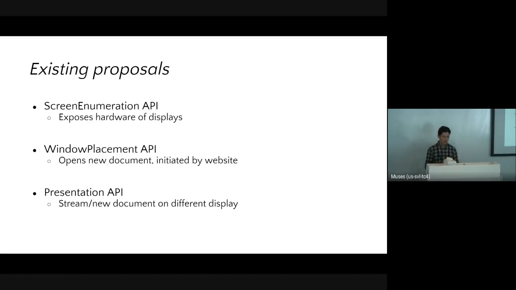Window placement is more proactive. It exposes an API that allows sites to say, I want to place content in this region, whereas the dual screen work we're talking about is more reactive to the new window mode that the window manager or user puts you in. And the Presentation API also follows this window placement idea of, I want to stream content or maybe put a new document on a separate display.